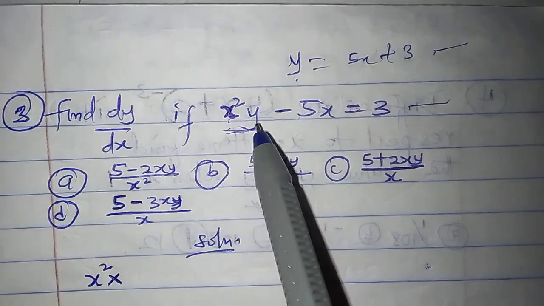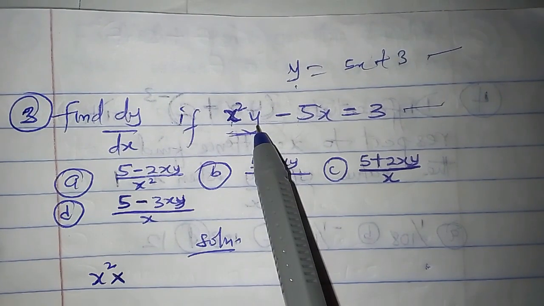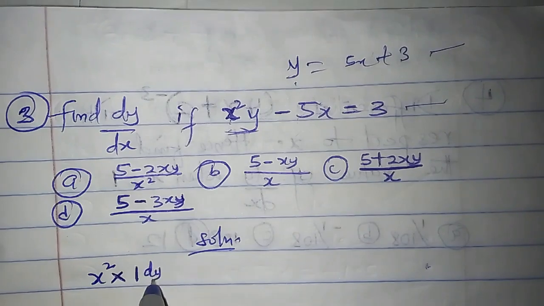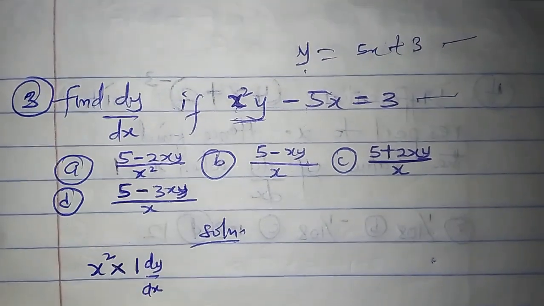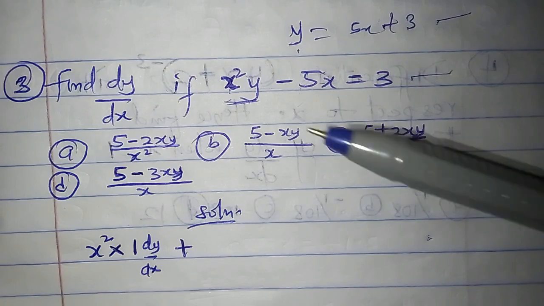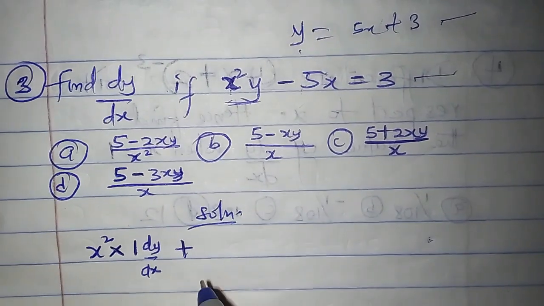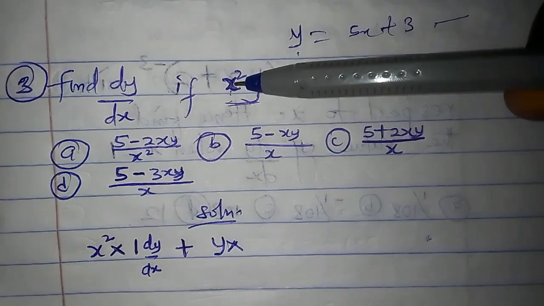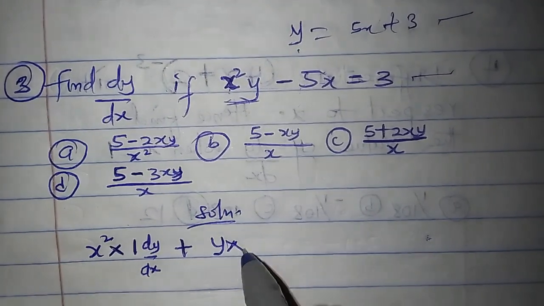We wrote this first one, then differentiate this, which is, differentiate y is 1. So if I write 1, I will add dy dx to that 1. Plus, I'm still using the product rule now. I will now write this one, y, times, differentiate the other one. Differentiate x squared is what? 2x.